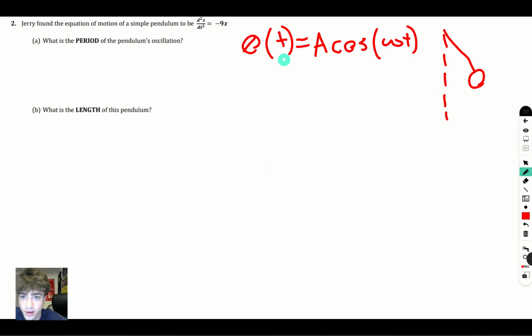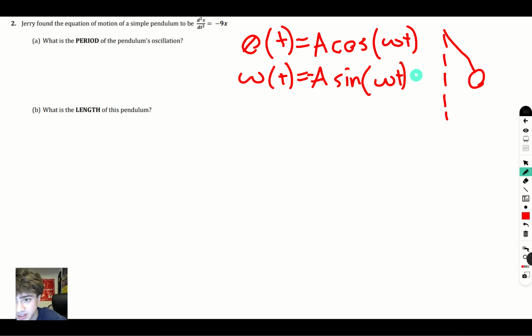And from here, what we're going to do next is take two derivatives of this to find our angular acceleration function in terms of t. So when we take the first derivative, omega in terms of t will get us negative A sine omega t times the derivative of the inside, which is going to be omega.